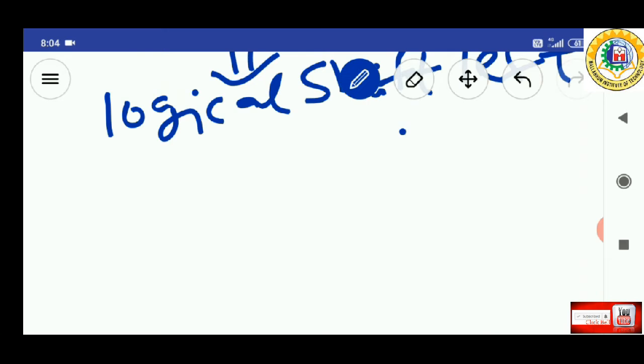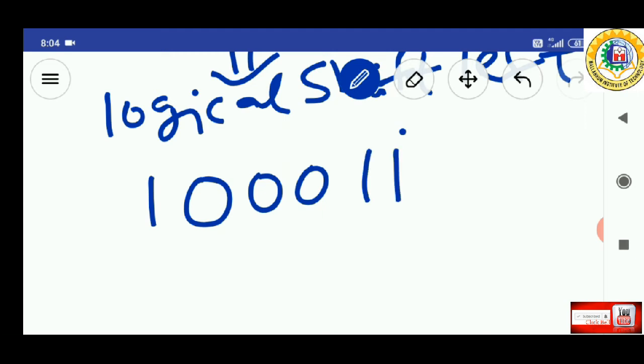Suppose our data is 1 0 0 0 1 1 1 0, bits numbered 1 to 8. In the arithmetic left shift, whatever we have discussed in the logical left shift applies here.